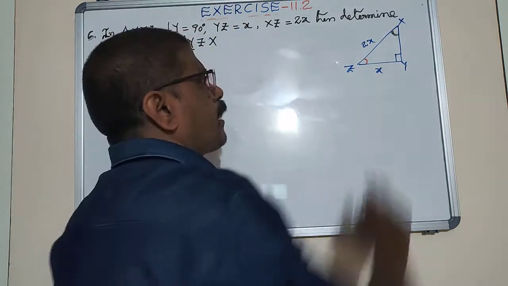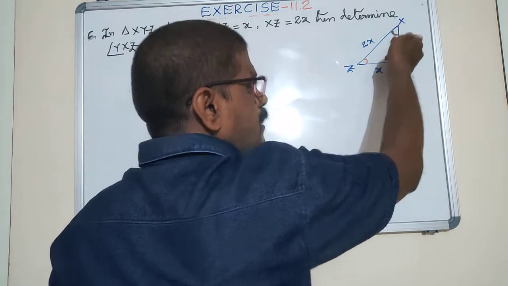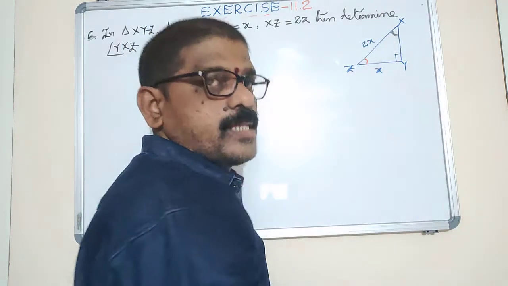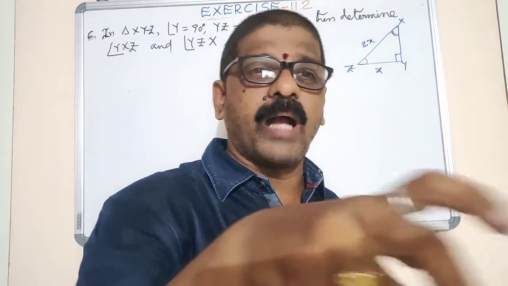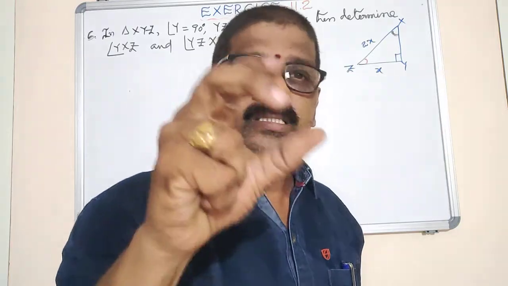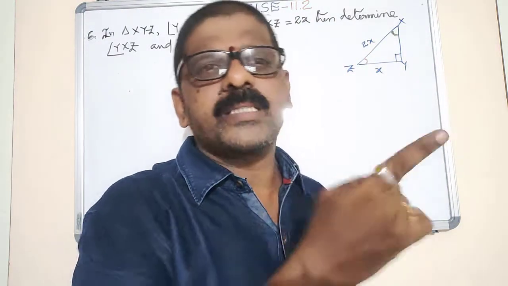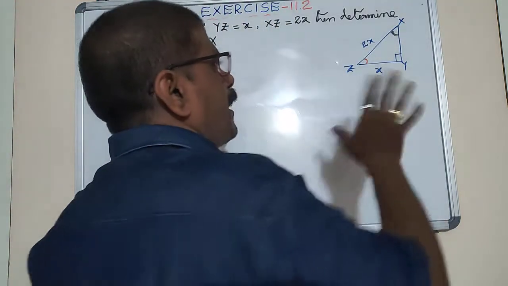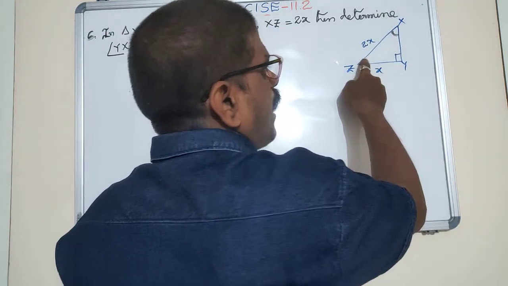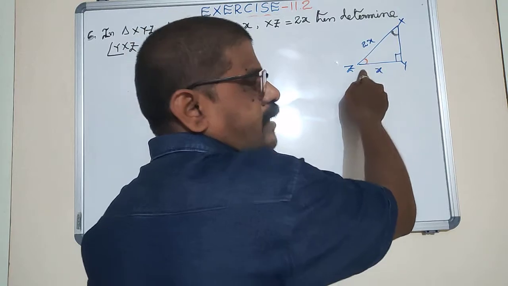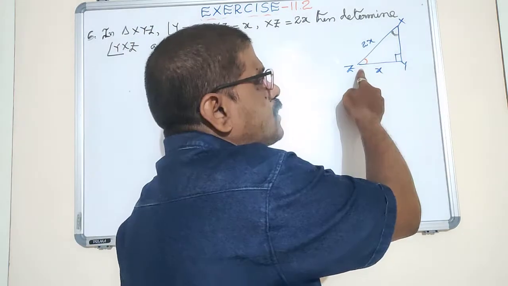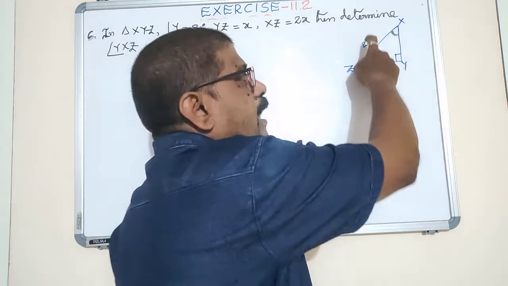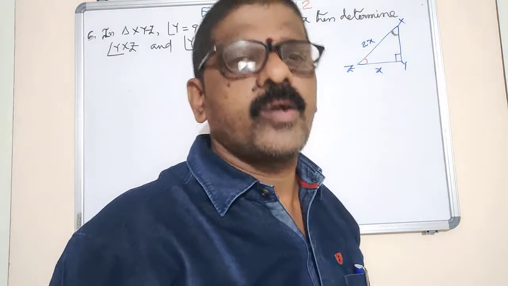Clear? First we can take this acute angle. So this is called the opposite side to angle X. This is the hypotenuse. Opposite side to angle X by hypotenuse can be written as sin theta, that means sin X. Clear? Understood, all of you? The next one, you have to observe that this is Z. This is called the adjacent side to angle Z by hypotenuse. That is called cos.